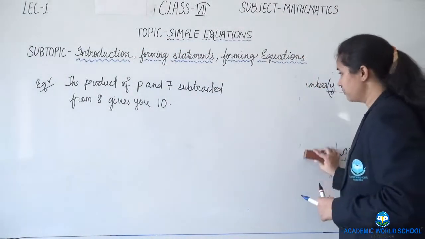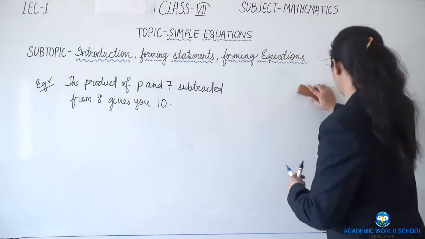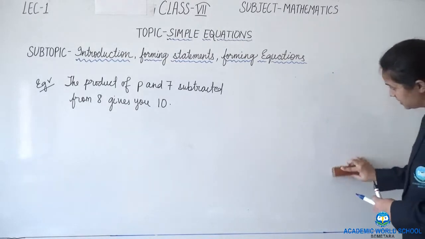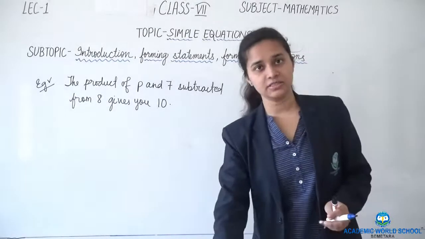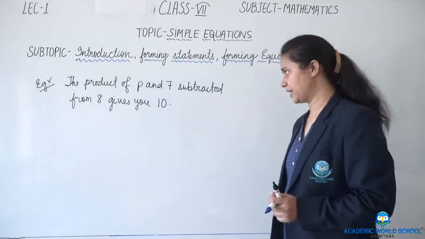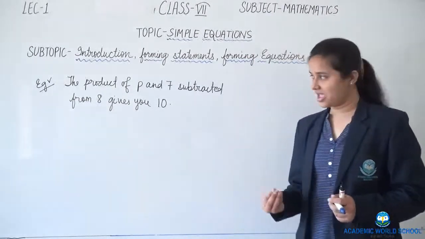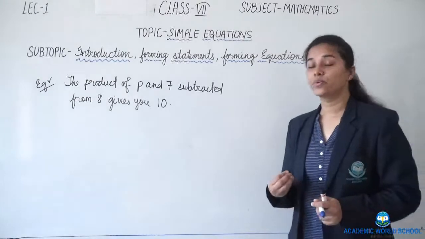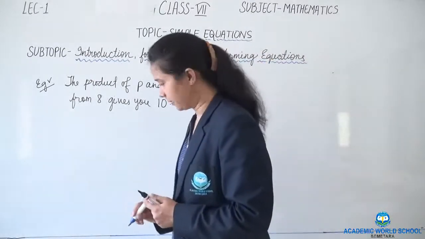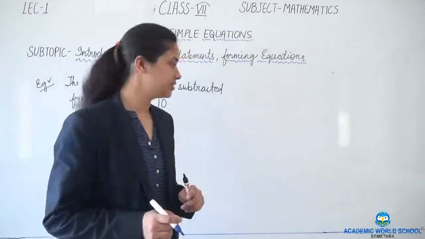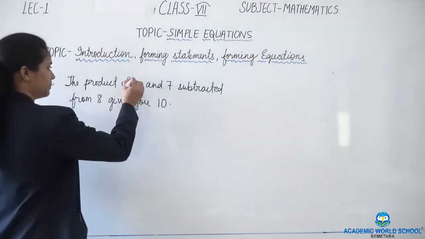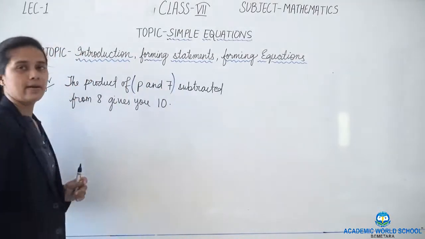So we will break the question. Product of 7 and p means first we will multiply.